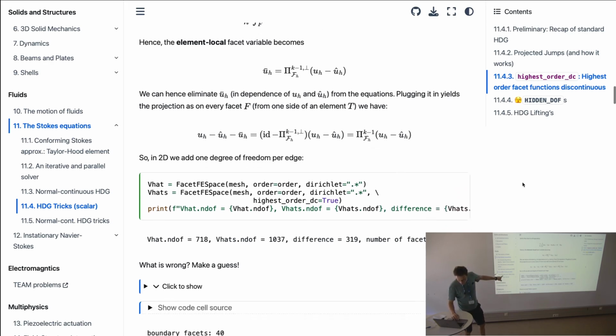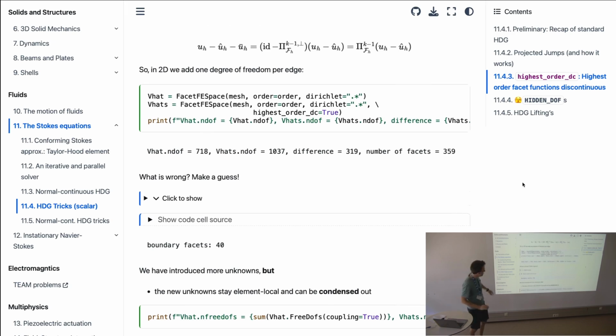Okay, and now if you want to implement this, this is what you do. This v hat is a standard facet space, and now with the highest order DC, we have this v hat s, s for star. And now you can check the degrees of freedom. v hat has a certain number of degrees of freedom, the degrees of freedom per edge times the number of edges in 2D.